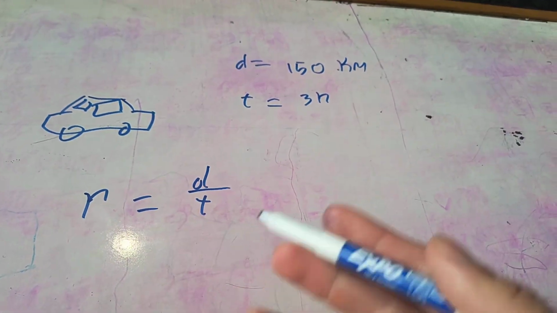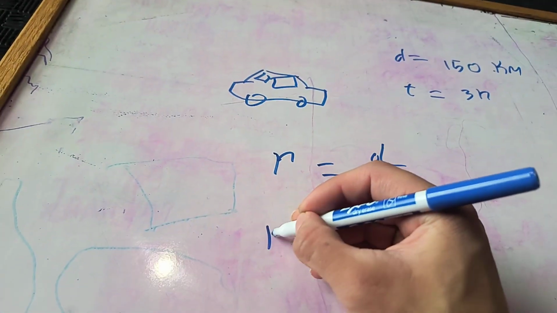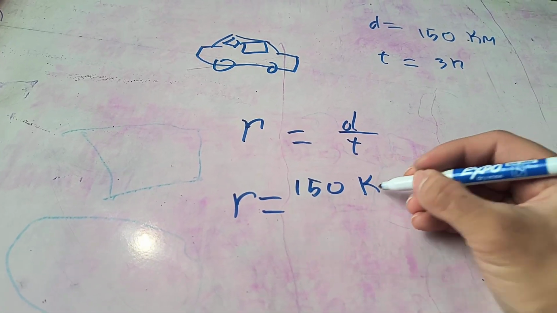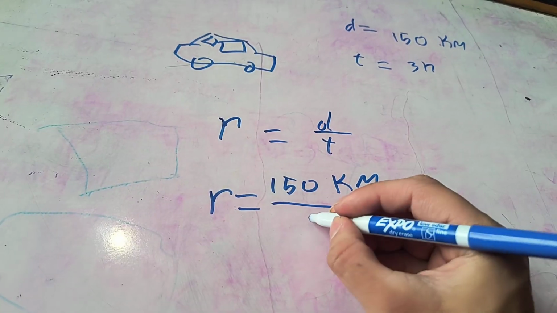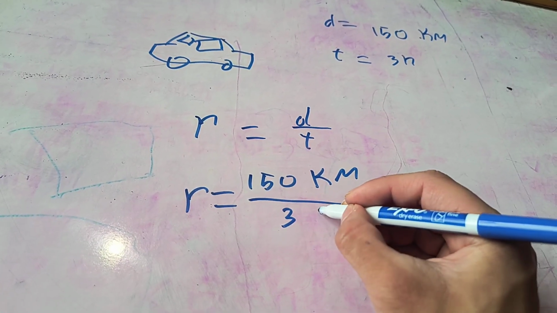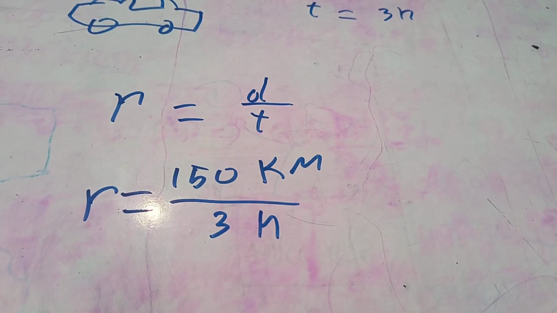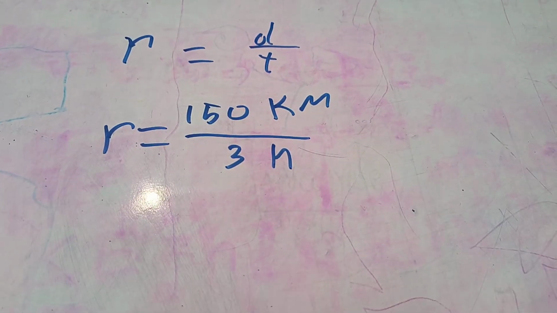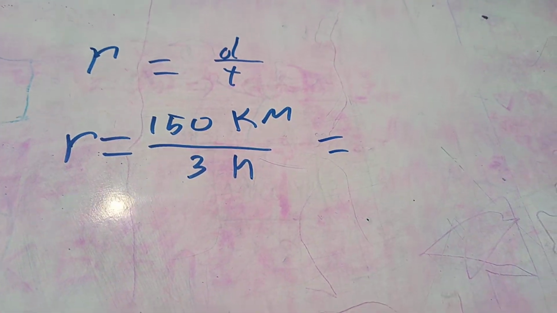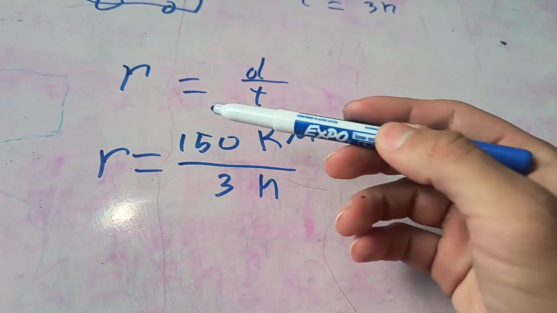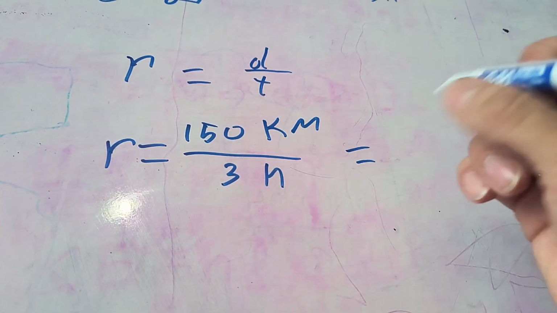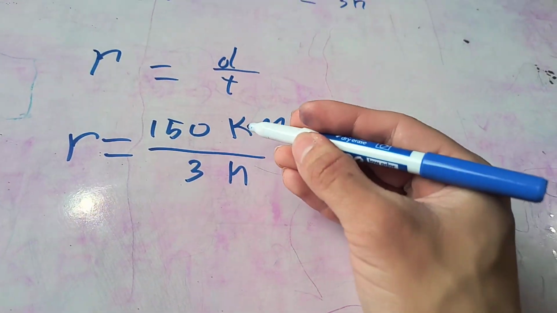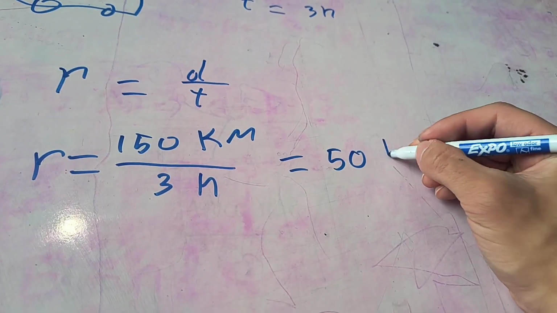So we would say that the rate here is equal to 150 kilometers over 3 hours. Now, to find how many kilometers per hour, we just divide 150 by 3, which is 50, and then we would keep the units the same.